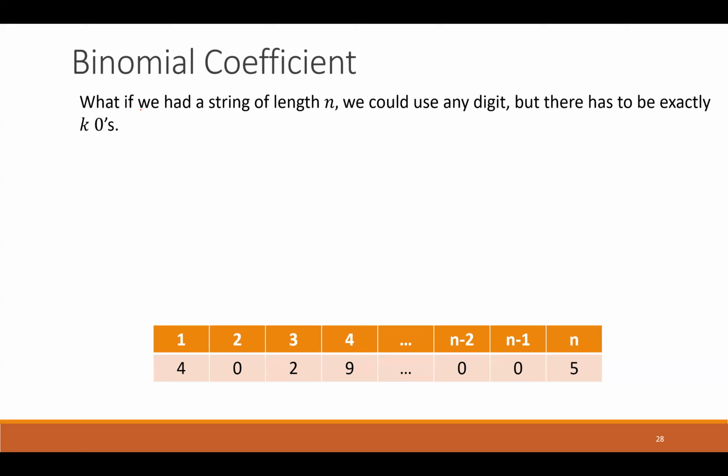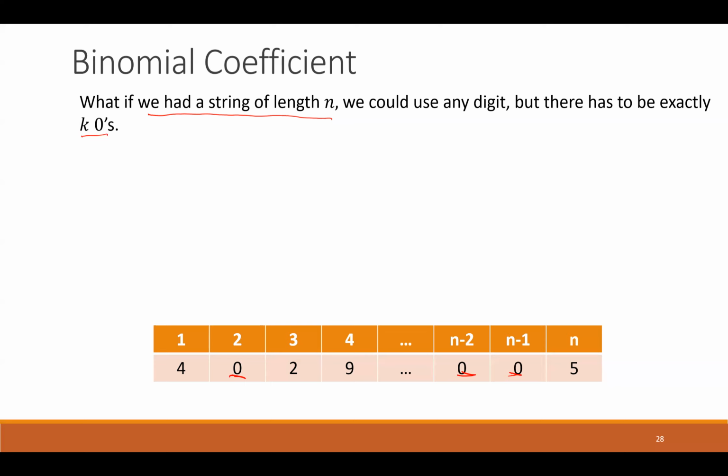All right. Let's look at a different version of this. What if we had a string of length n, and we can use any digit, but there has to be exactly k zeros. So our string now looks something like this. We have a bunch of digits, but precisely k of them are zeros.